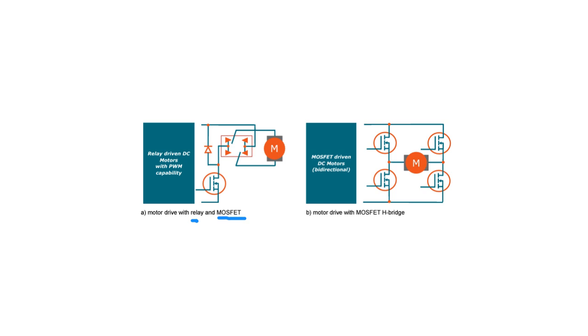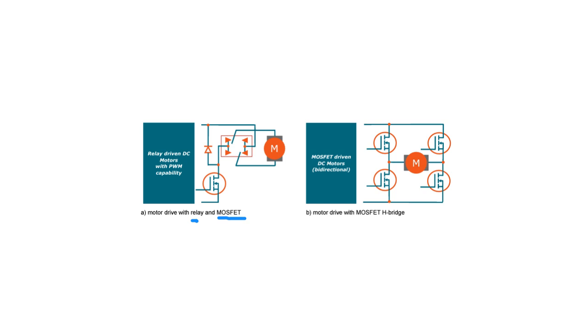For example, last week I was in contact with an automotive company, and their card was using a relay. I will give you some examples. For example, they are using relays: one relay is used for forward direction control and another one for reverse direction control.